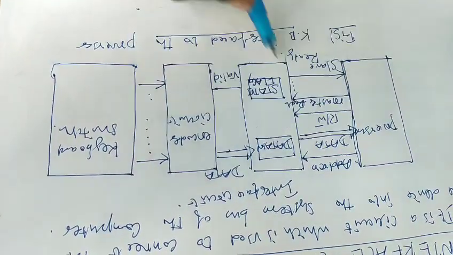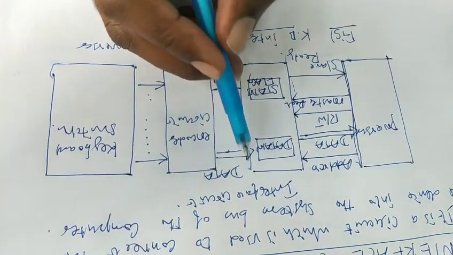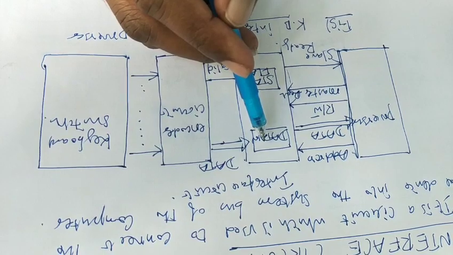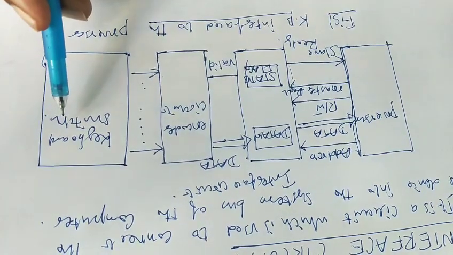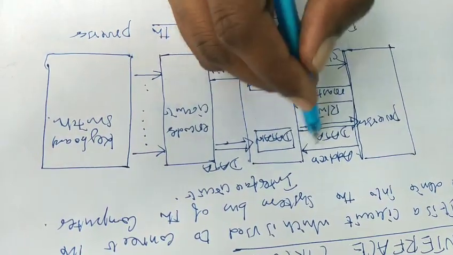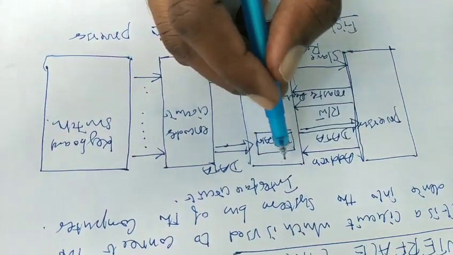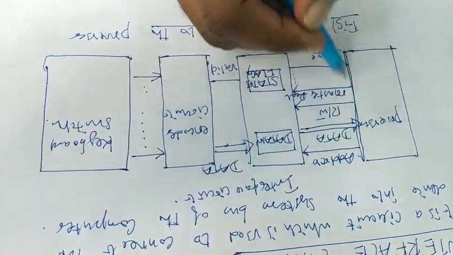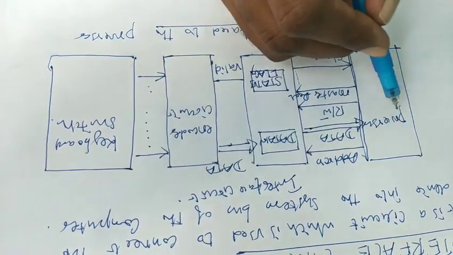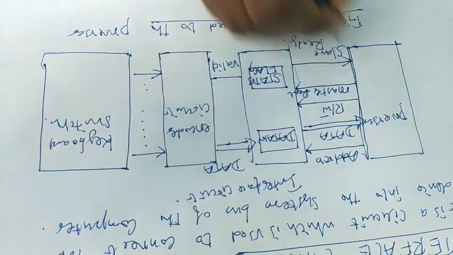So this is the interface circuit, the topic of this talk. The interface circuit is placed in between the keyboard or external device and the processor. Between the interface circuit and the processor, we have a bus: the interface circuit is connected with the processor with the help of the system bus.